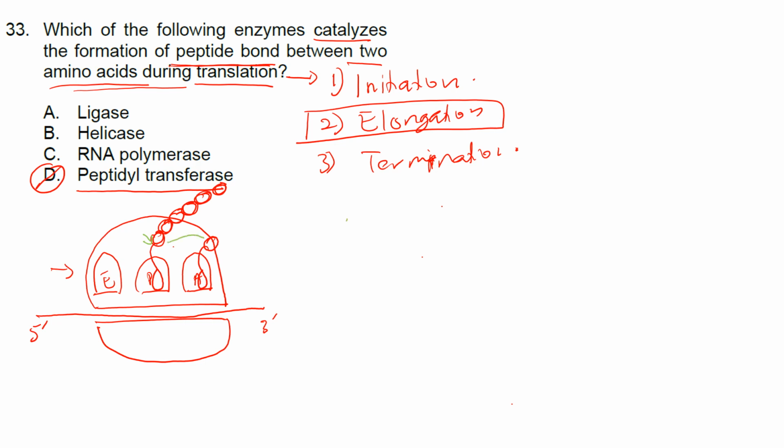The polypeptide is transferred from P to A, and this involves the formation of a peptide bond. That is the elongation stage of translation, which involves peptidyl transferase forming peptide bonds between the amino acids in the polypeptide chain.